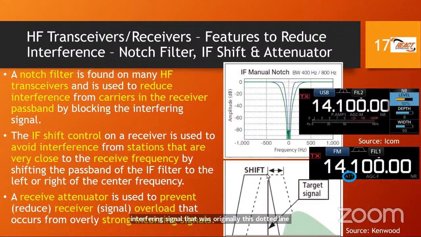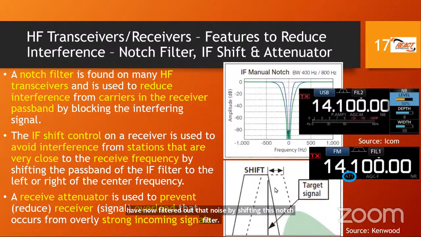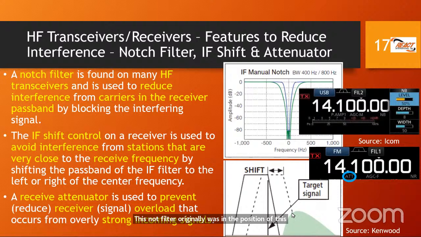We're shifting this notch a little bit to the left, and we have now filtered out that noise by shifting this notch filter. This notch filter originally was in the position of this dotted line, and then we use our dial and we shifted it a little bit to the left. So all of a sudden now, by shifting, we are avoiding. And another way of looking at it is notching out that interference as well, right? So we are attenuating it.